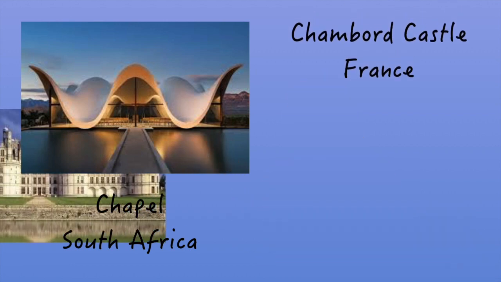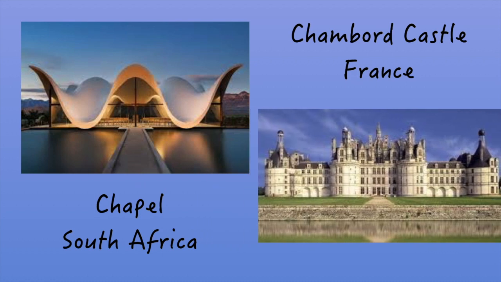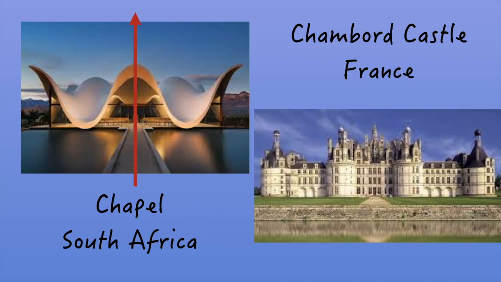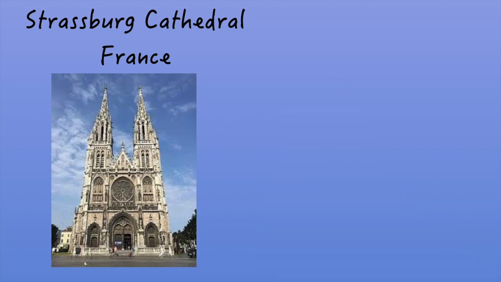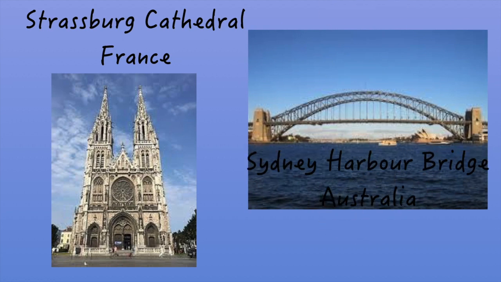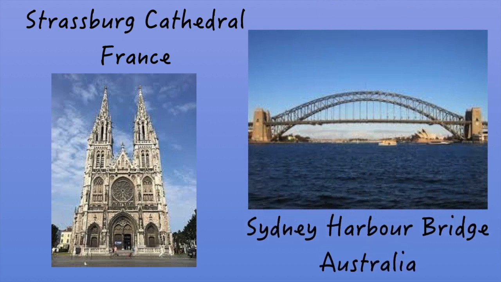It's an amazing piece of architecture and it's also an even function. And the Chambord Castle in France. So over many hundreds of years, different architecture has been based on symmetry. And of course we have the Strasbourg Cathedral in France and our very own Sydney Harbour Bridge in Australia. You can see that they're all symmetrical about the y-axis.